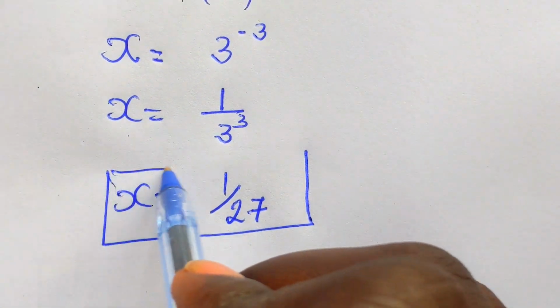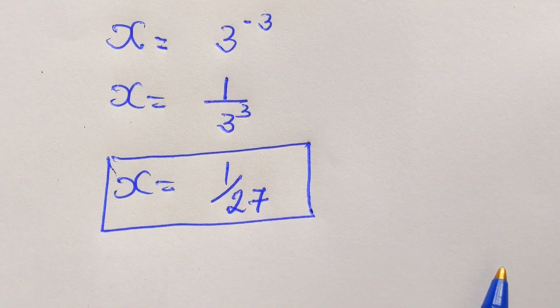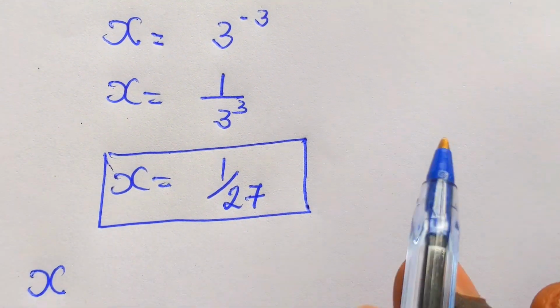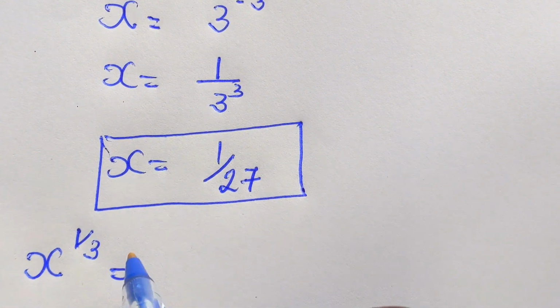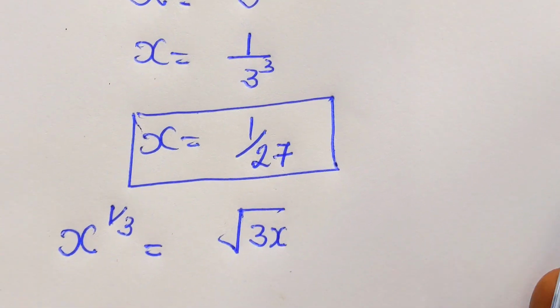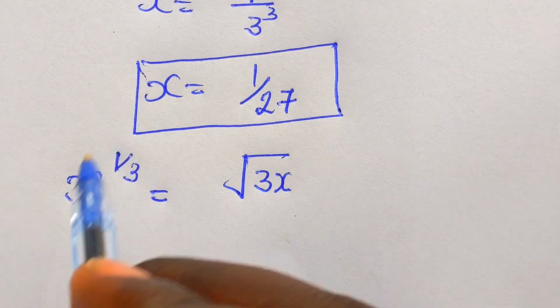That is the value of x, but we have to check if our answer is correct. We are given x power 1 over 3 equal to the square root of 3x.